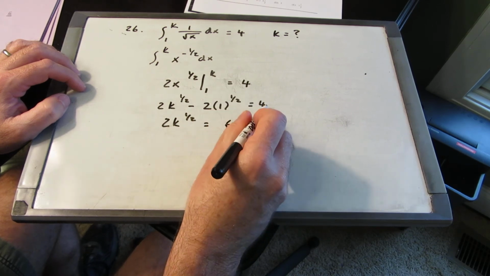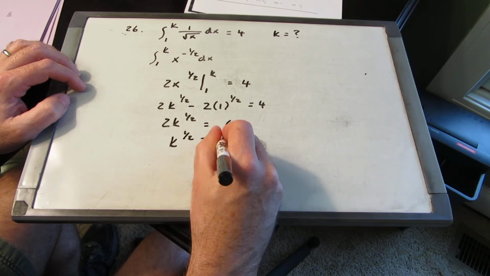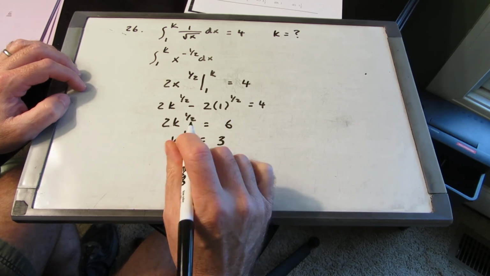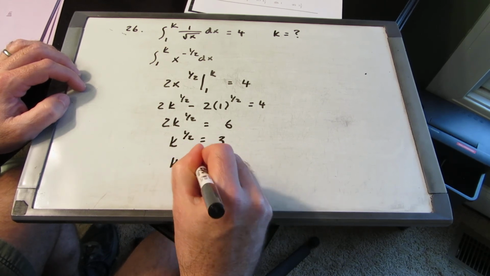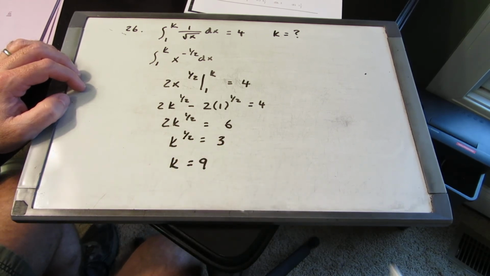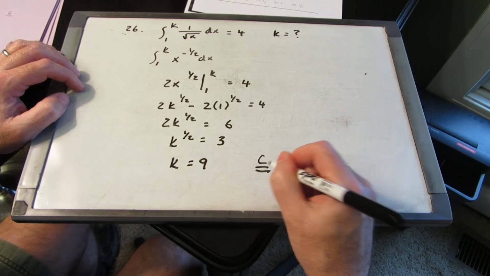And we take that 2 and put it on the right side, so k to the 1/2 is equal to 3. So the square root of what would give us 3? That is 9. Alright, so k is 9, so that is choice C.